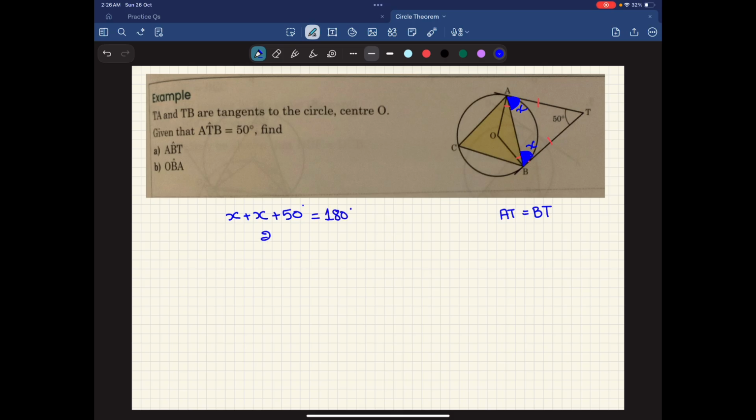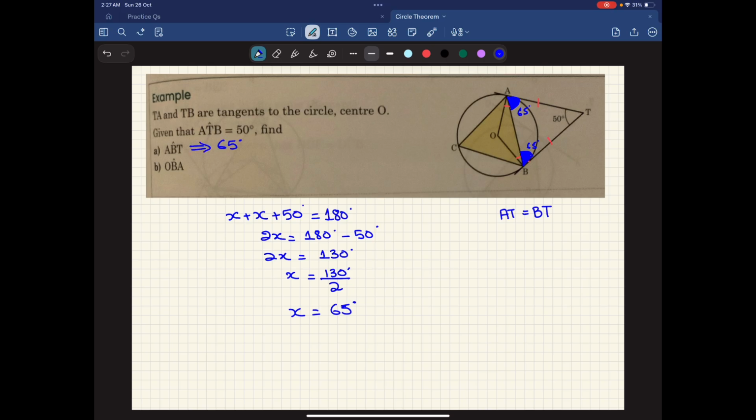So 2x is equal to 180 degrees minus 50 degrees. 2x is equal to 130 degrees, and therefore x is equal to 130 degrees divided by 2. X is equal to 65 degrees. So angle ABT is equal to 65 degrees.